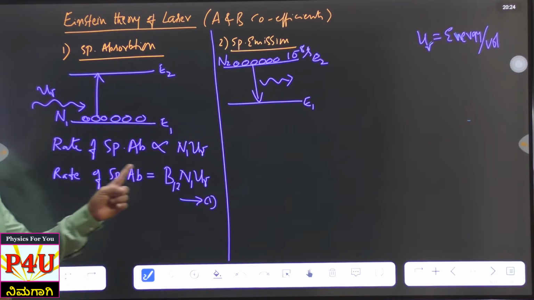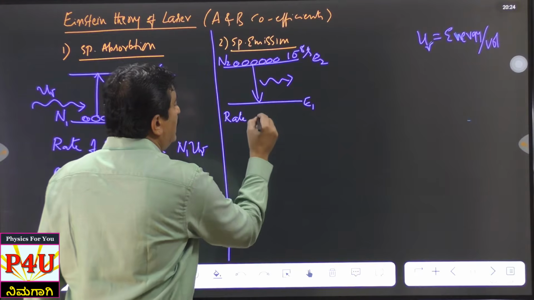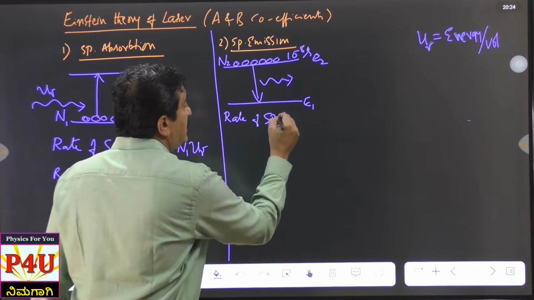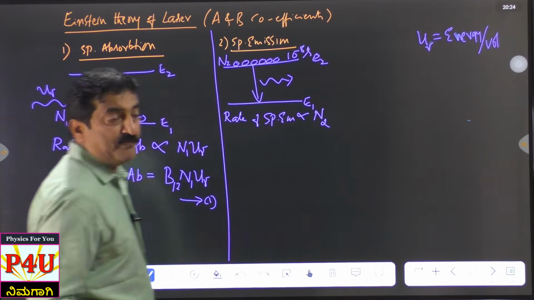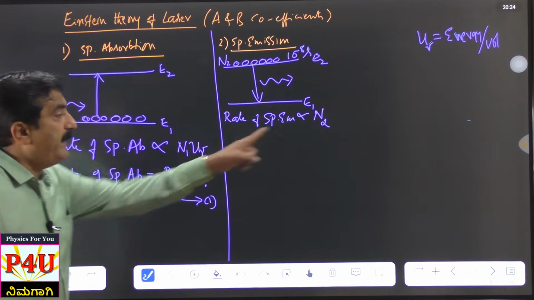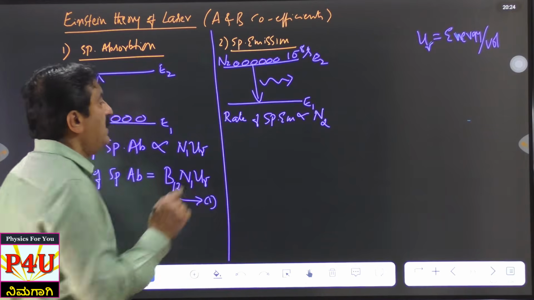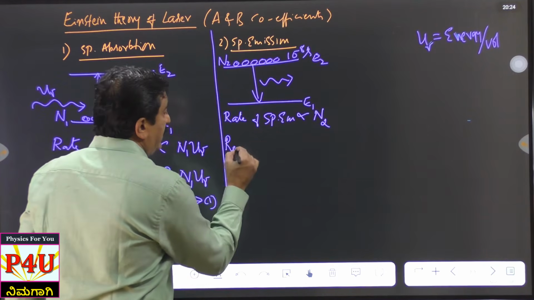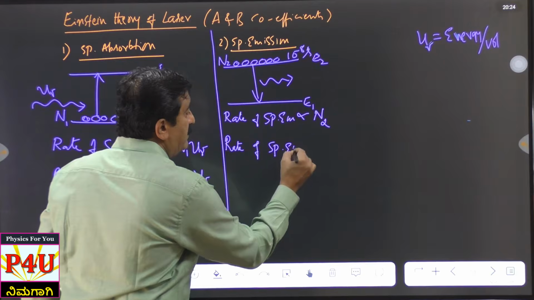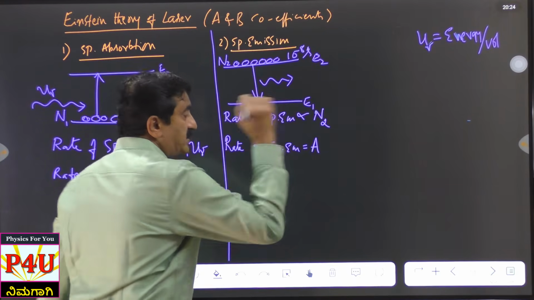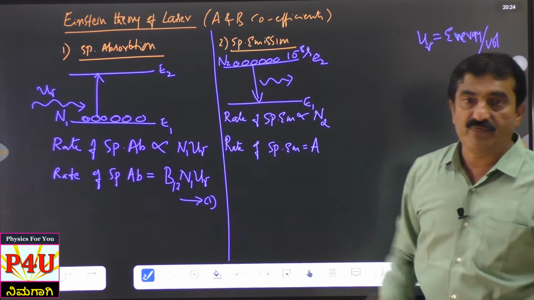So like the previous equation, I write the rate of spontaneous emission is directly proportional to N2. Unlike the earlier case, it is not depending on U gamma, because I need not supply any energy. This I write as the rate of spontaneous emission is equal to some constant. See, another constant is coming now. That is why it is called the A and B coefficients.